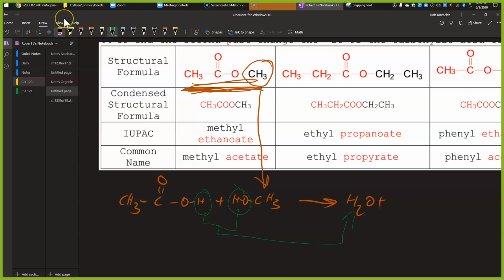So now, that bond on that oxygen and that bond on that carbon are missing. So the oxygen only has one bond, it needs two, and that carbon on the right only has three bonds and it needs four. So what do these two substances do? They connect to each other. And then we get that.